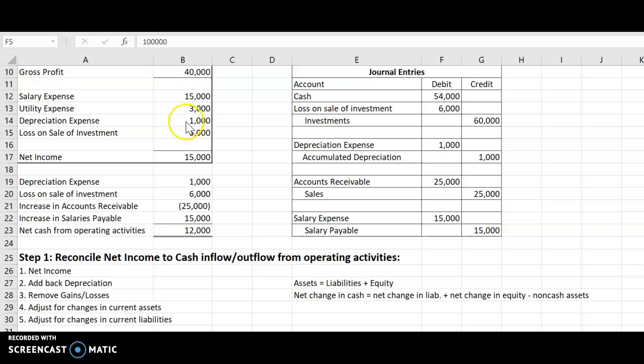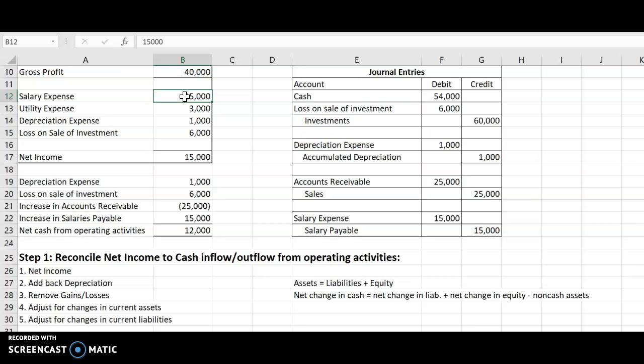Let's say all of these expenses we have paid for, utilities expense we have paid for with cash. But let's say salaries expense is an accrued expense. Remember when you learned earlier, probably in chapter 3, that our employees had worked Monday, Tuesday, Wednesday, but we don't plan on paying them until Friday.